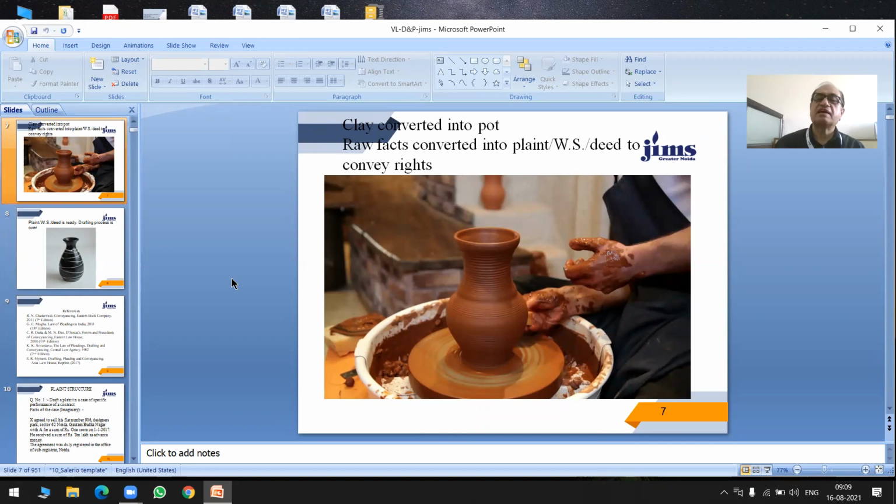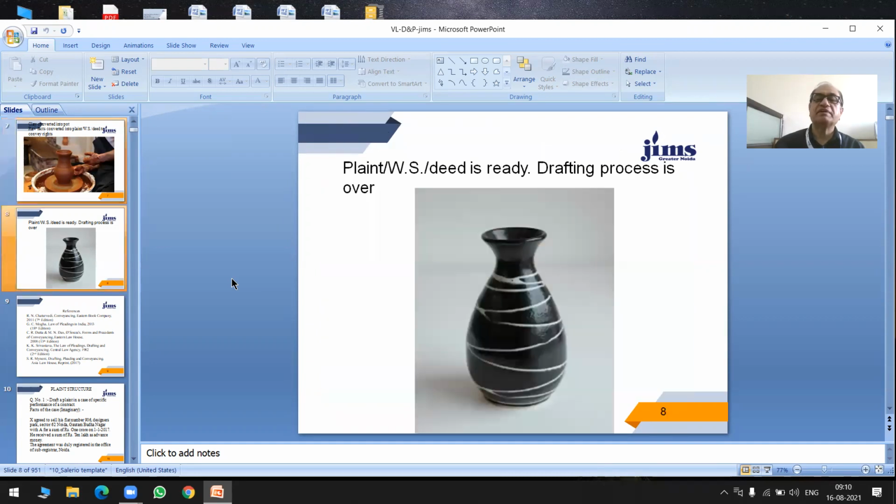Likewise, raw facts are converted into a plaint or written statement or a deed to convey the rights. And this picture shows that plaint or WS or the deed which you wanted to draft is ready. And this diagram also shows that drafting process is now over.